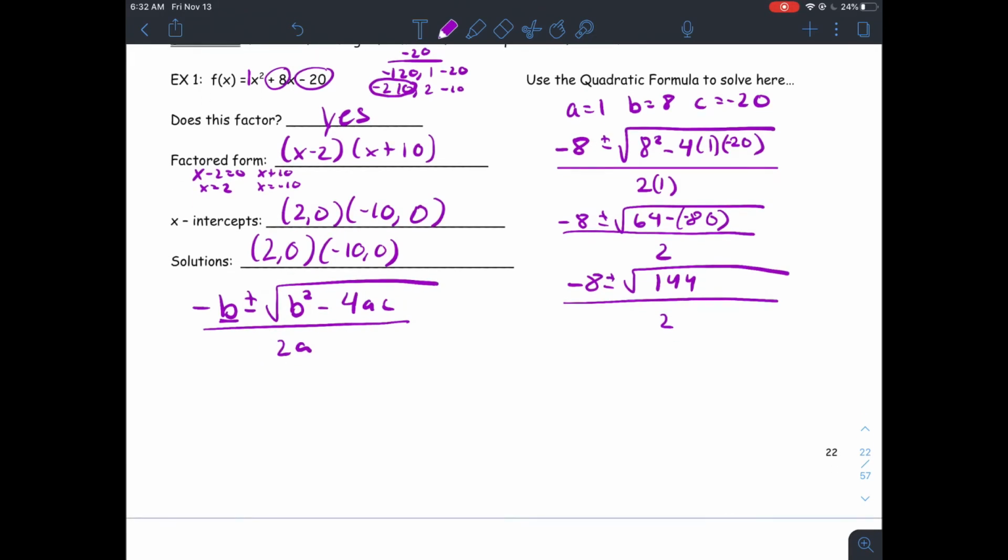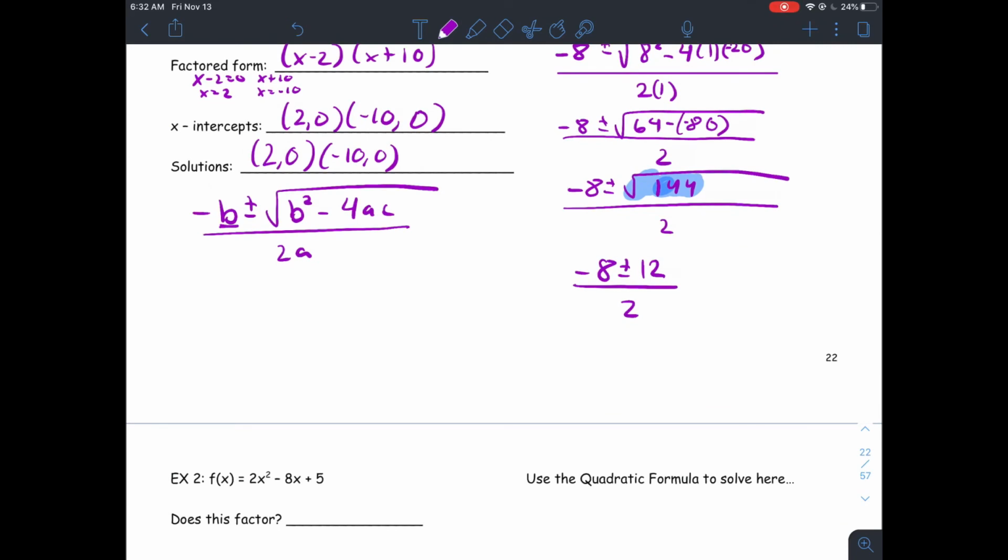And then we know how to simplify this radical here, right? What is the square root of 144? That's 12. So we're going to do negative 8 plus or minus 12 all over 2. So now let's break this apart into the two parts, right?